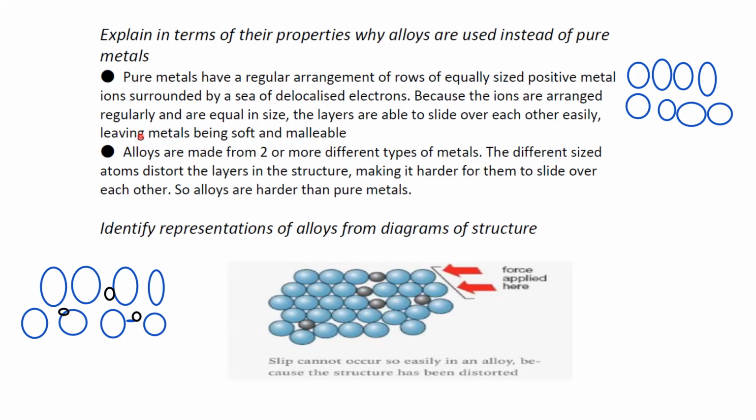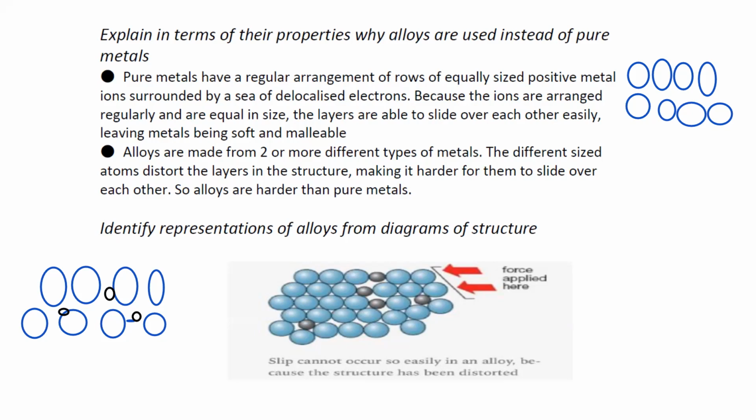Whereas alloys, which are mixtures of metals, consist of two or more different types of metals, and the size of the metal ions is different. That causes distortion of the layers, and due to this distortion, the layers cannot slide over each other, and as a result it becomes harder than the pure metal.